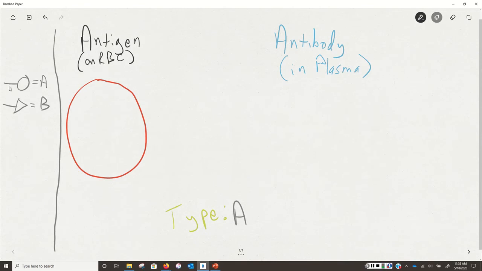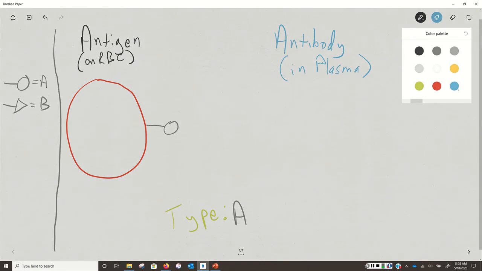I'm going to use a circle on a stalk to represent the A antigen, and a triangle on a stalk to represent B antigen. Someone with type A blood will have the A antigen all over the surface of their erythrocytes.